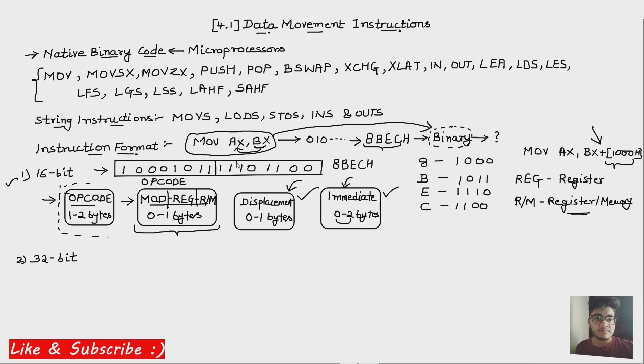The first 2 bits of this section are the mod section, right? So mod can be 2 bits. Mod can have the values 00, 01, 10, 11. In this example, the value of mod is 11.